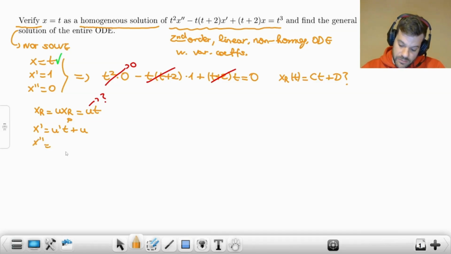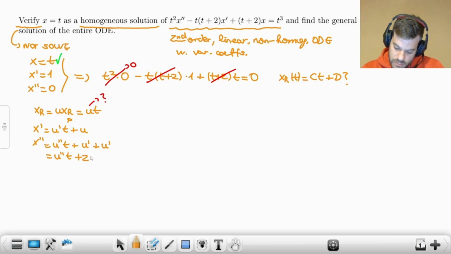Second derivative, product rule, derivative of the first, u double prime, times the second, plus the first times derivative of the second, again 1, plus derivative of u, u prime. So this is u double prime t plus 2 times u prime. Substitute in the homogeneous differential equation.